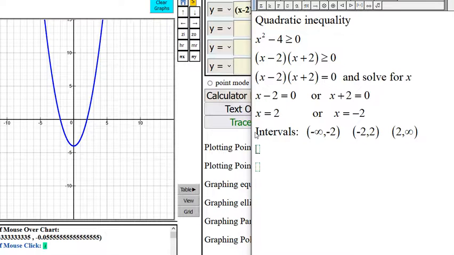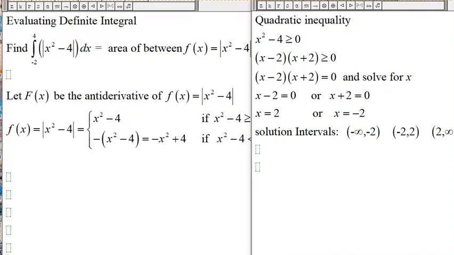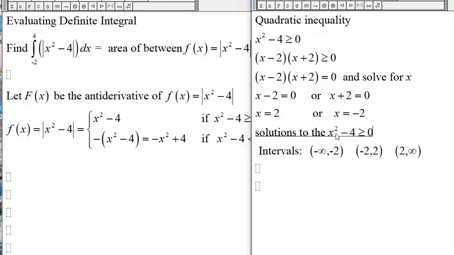And so the solution to this quadratic inequality will be the true intervals.